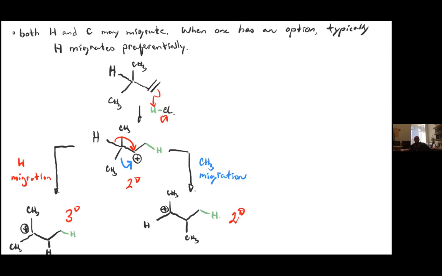The system is much happier. And that is the basis for this generalization that typically hydrogen's going to migrate. Just the way it works out, if you move the hydrogen and keep the substituent where it is, you end up with a more substituted cation than if you migrated the substituent.